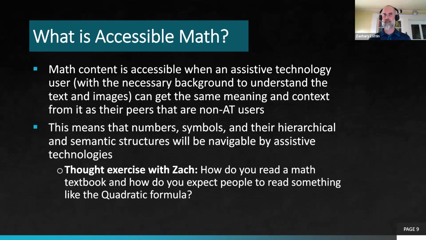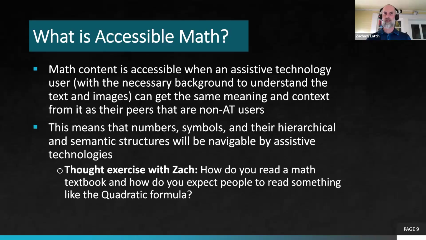But with STEM and math accessibility, there's not necessarily something in WCAG that says math has to be made accessible in this way. We need to make stuff perceivable and operable and understandable, but it's not as precisely defined. And so for me, this is, again, another definition from my life and world.